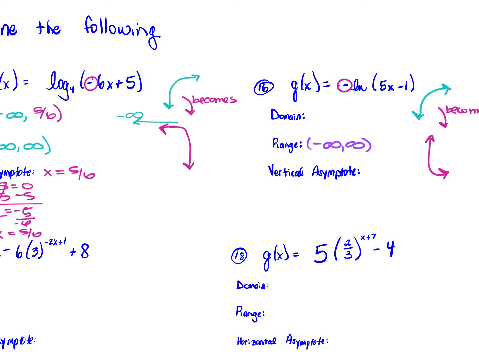From there, in order for you to find your domain, you need your vertical asymptote. Take what's inside your parentheses, the 5x minus 1, set it equal to 0, and solve. Add your 1 over. You have 5x is equal to 1. Divide each side by the 5. You get that x is 1/5. So your vertical asymptote is x is equal to 1/5.